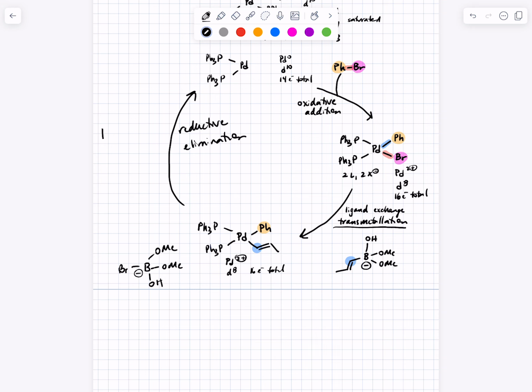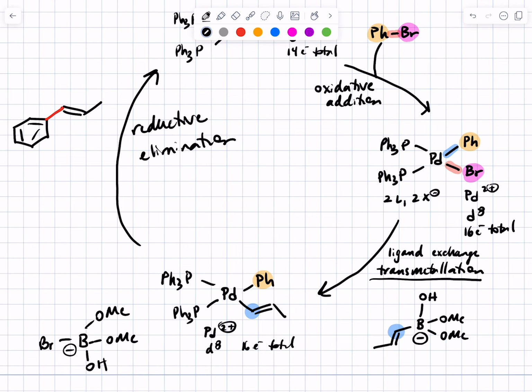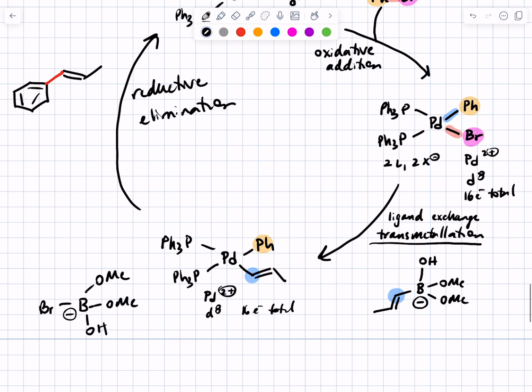And here is the new bond we just made between the carbon of the benzene ring and the carbon of our vinyl group. And again, if you want to think about these two electrons as being different, you can push arrows if you like, showing a new bond here and then this bond breaking, or you can do it the other way.